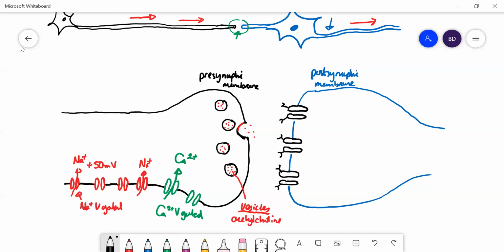Interestingly, you may have heard of Botox, which causes paralysis of muscles. So it's injected into people's foreheads to paralyze the face muscles and make you look less wrinkly. Botox is actually produced by a microorganism.